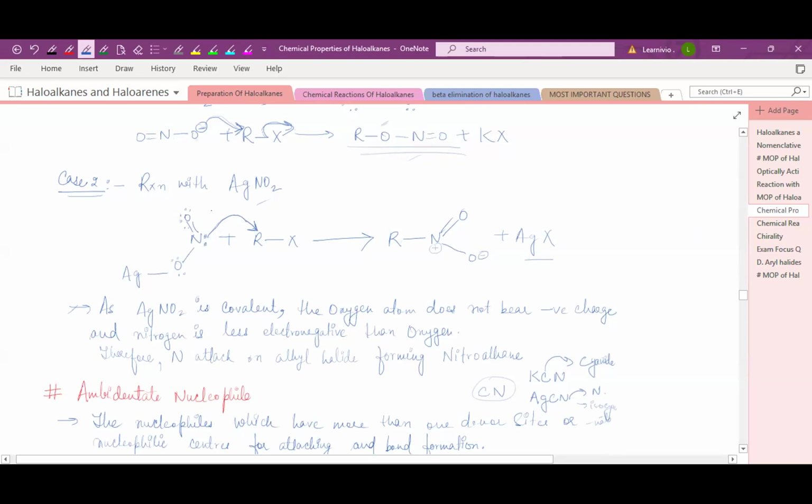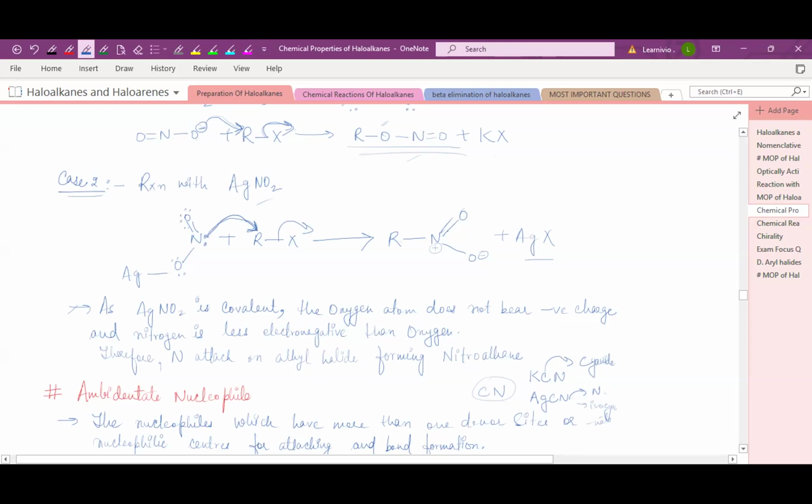And what is a lone pair? Lone pair is a non-bonded electron pair. So this lone pair will attack this R group, means the attack is from the nitrogen side. Nitrogen is the donor side. And the halide will leave, and you will show R N.